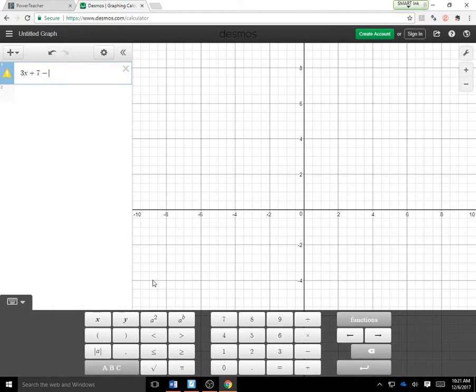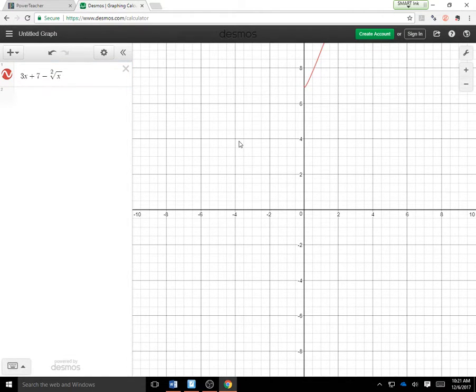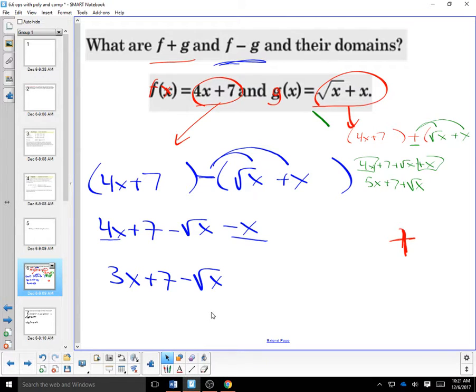Minus the square root of 2x. Okay. How are we supposed to know that was there? Because I told you. We did not have a training course.